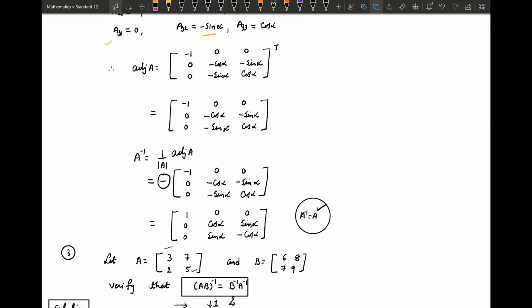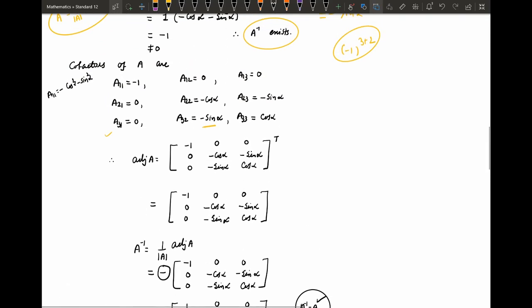So now adjoint A. First, the determinant formed by the cofactor of each entry: minus 1 0 0, 0 minus cos alpha 0, minus cos alpha minus sin alpha, 0 minus sin alpha and cos alpha.